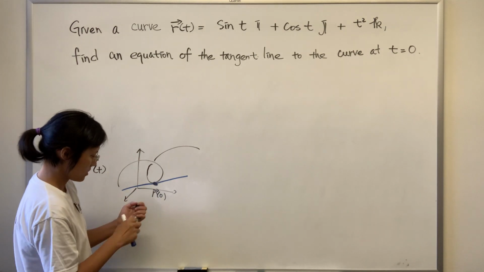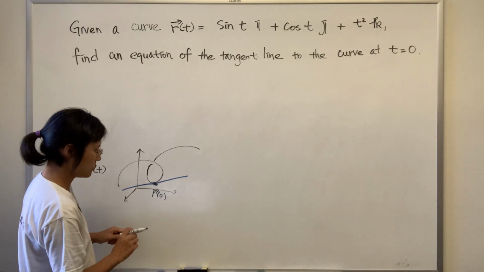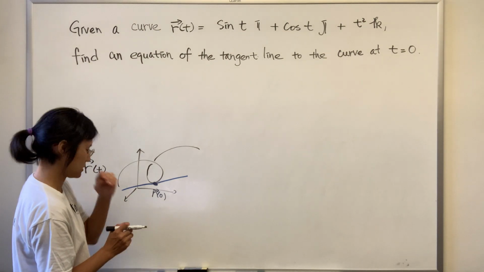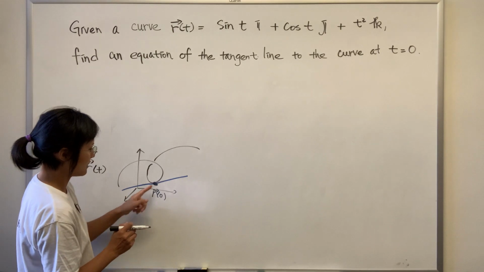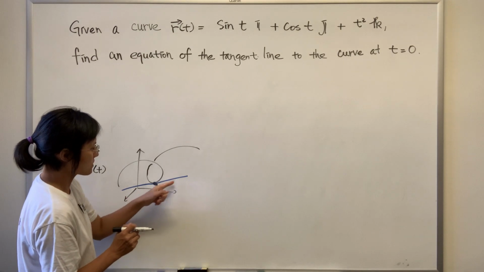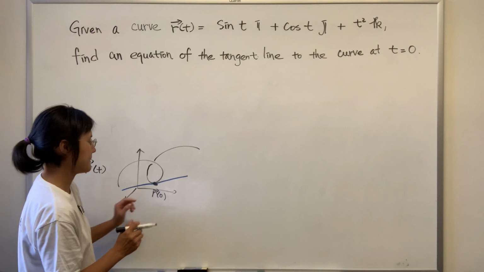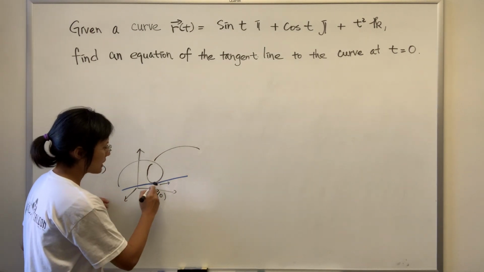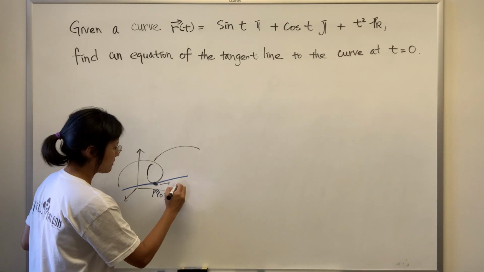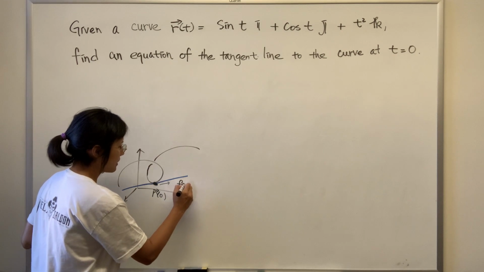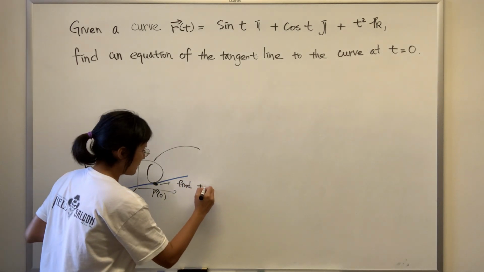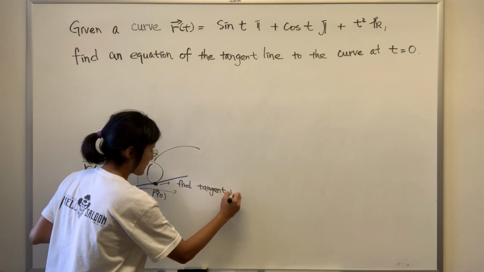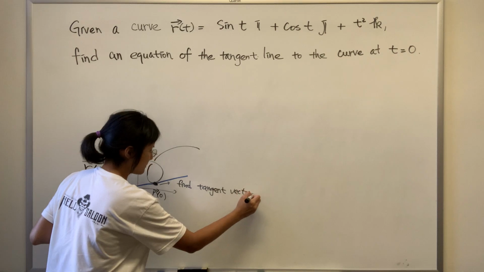What we don't know yet, but we have some information on, is the direction of the line. You know that it's the tangent direction, so you can get it by finding a tangent vector.